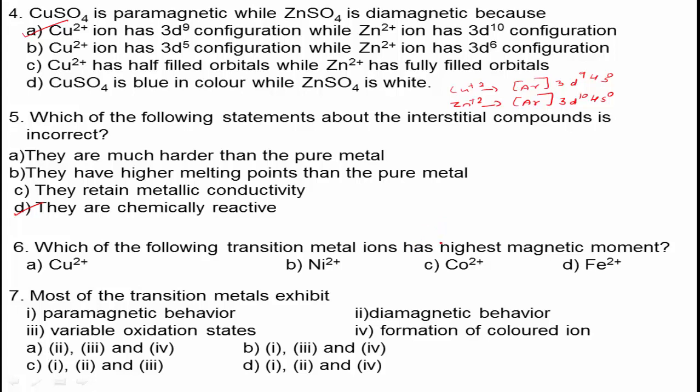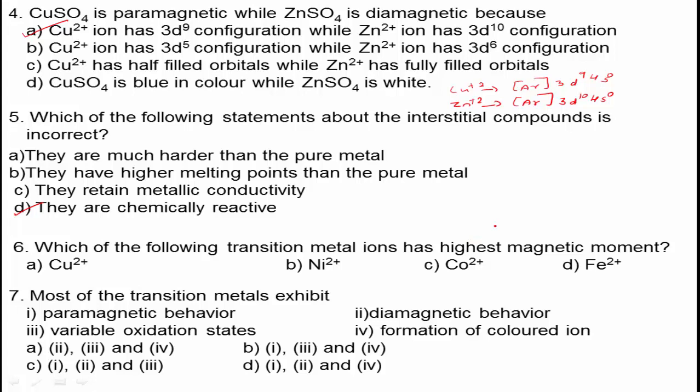Means Co2+ contains 3 unpaired electrons, Ni2+ contains 2 unpaired electrons, and Cu2+ has 1 unpaired electron respectively.